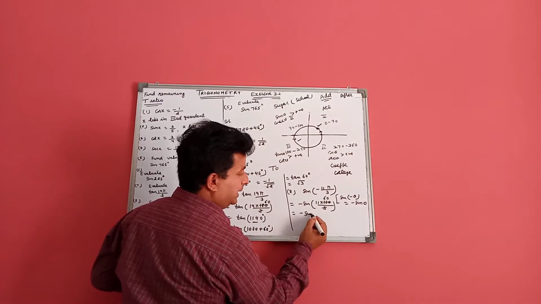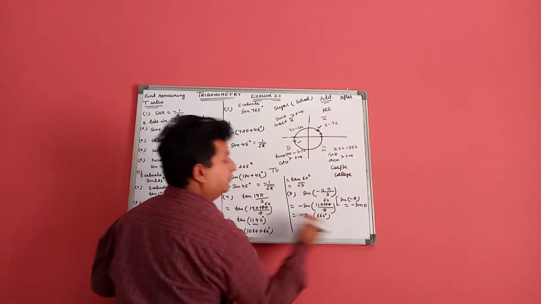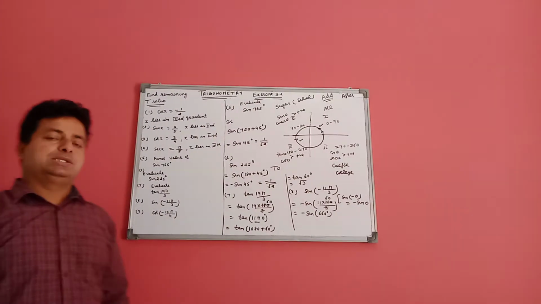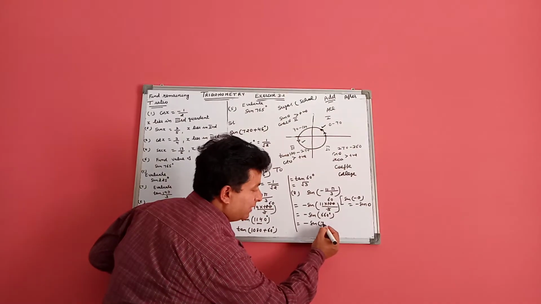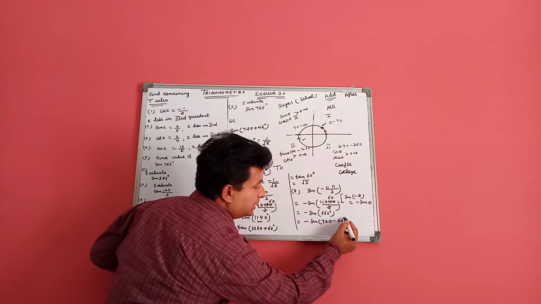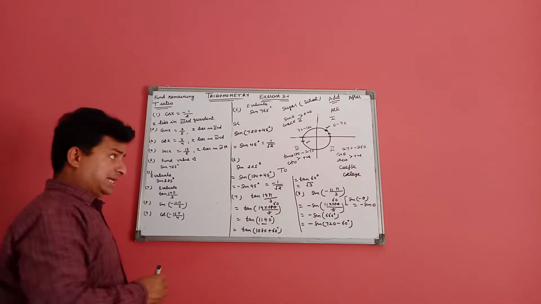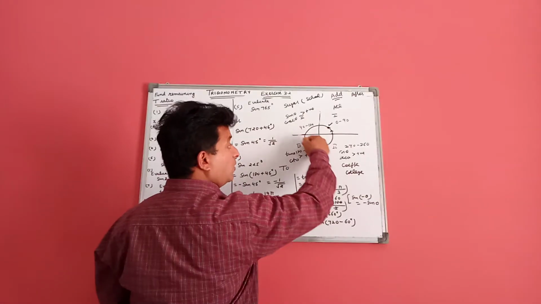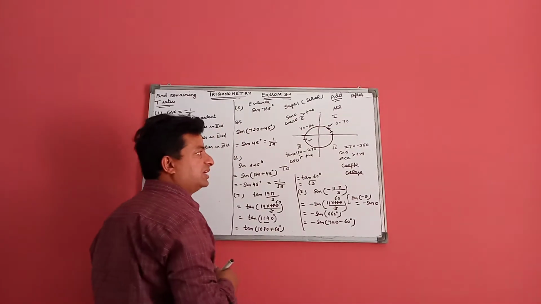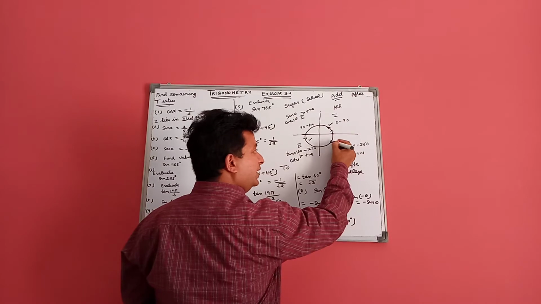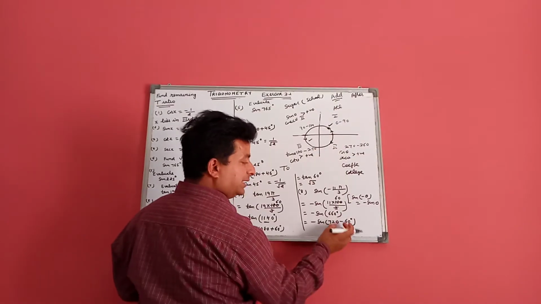This is sine 660. We write sine 660 as 720 minus 60 degrees. As we know, there is a circle of 360, another circle of 360. This means 720. We move below 720, that is 660.